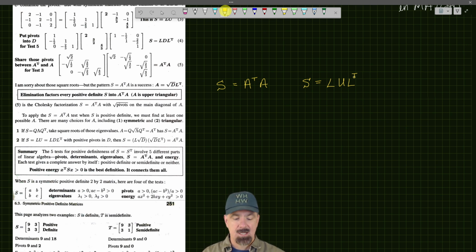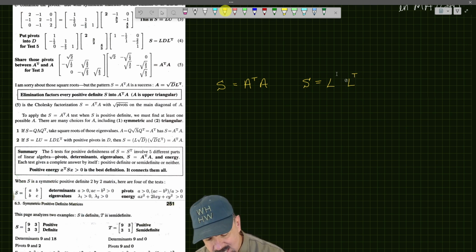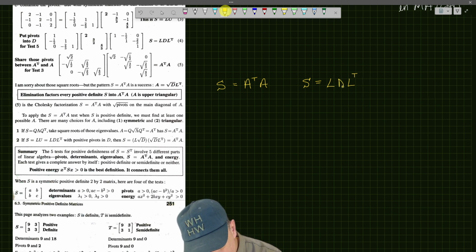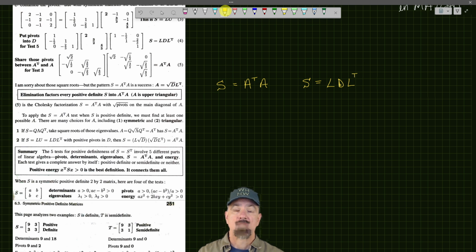And the upper triangular matrix U is actually a diagonal matrix, D. So we end up taking the pivots, and those are the values that are in our diagonal matrix D.